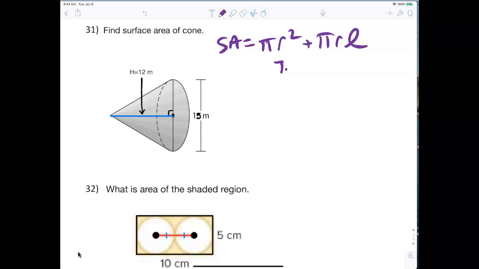So instead of doing 7.5, does everybody agree it's easier to write what? 15 over 2 squared times pi plus pi. What's the radius? 15 over 2. Uh-oh. What in the world is the slant height?